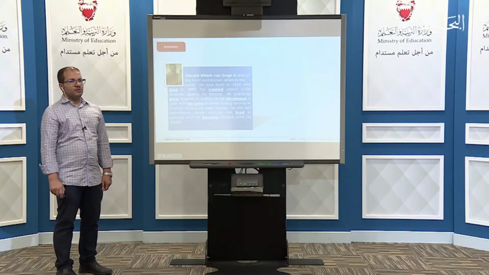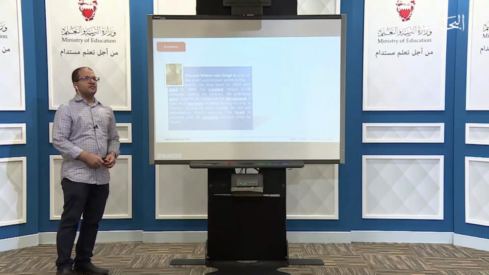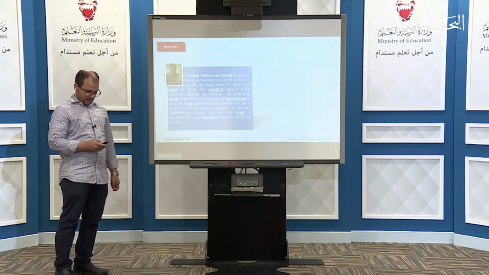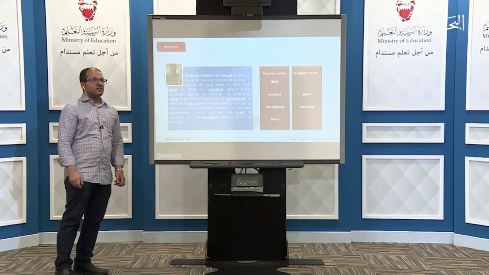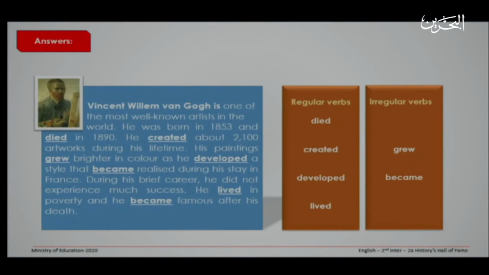Well done. I hope you've done it correctly. Now let's look at the answers. The regular verbs in this passage are died, created, developed, lived. How did we know that?